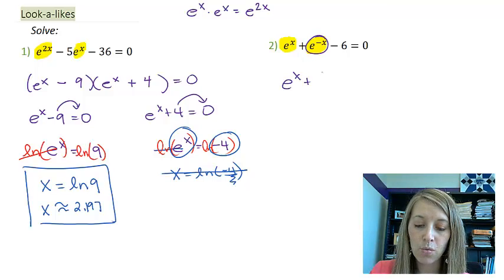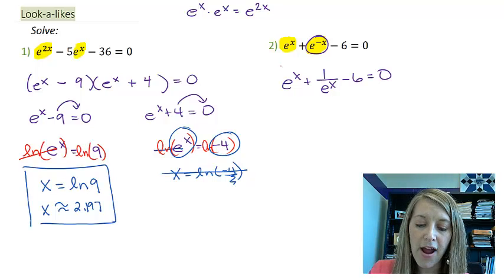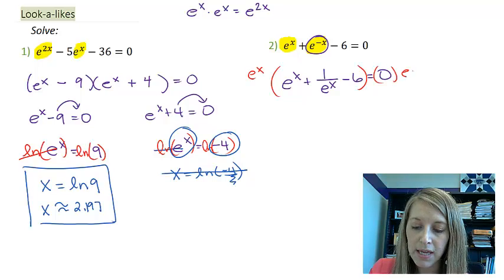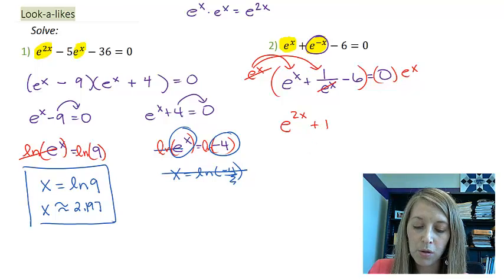So I'm just going to talk about this e to the negative x. I know that I could write that as 1 over e to the x to get rid of my negative exponent. And then I have a fraction involved. Well, to get rid of my fraction, I multiply both sides of the equation by e to the x. So when I distribute this here, this gives me e to the 2x. When I distribute it here, e to the x and e to the x cancel out, and that leaves me with 1.